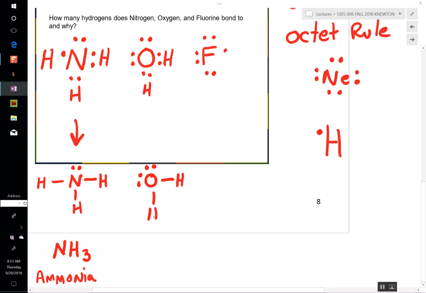Where there is a covalent bond, I'm putting a line, and where there is a pair of unshared electrons, I'm putting the dots. So I still can go 2, 4, 6, 8. There are 8 electrons around there. And this is H2O.